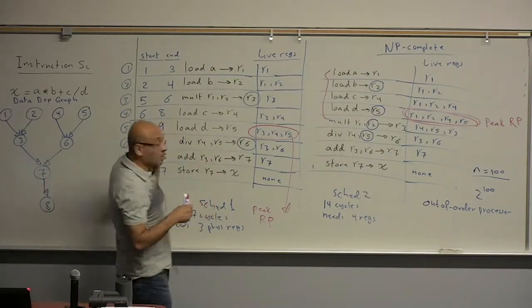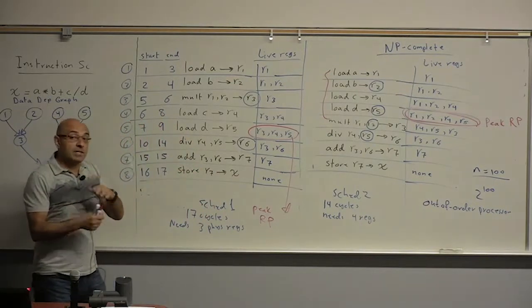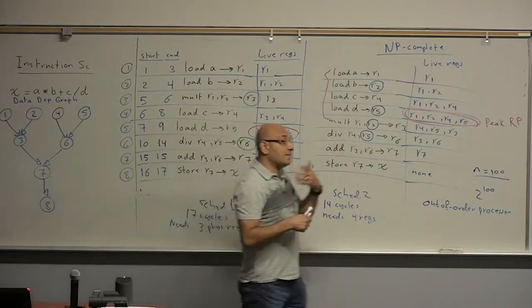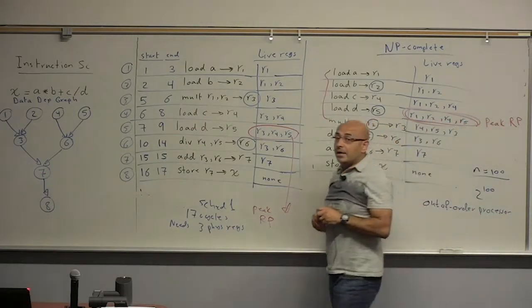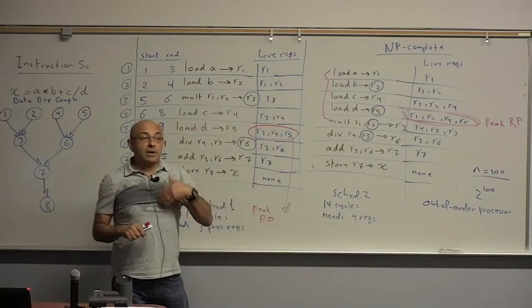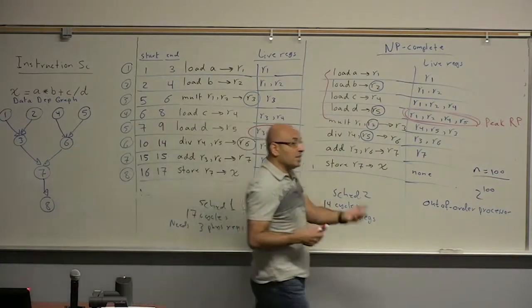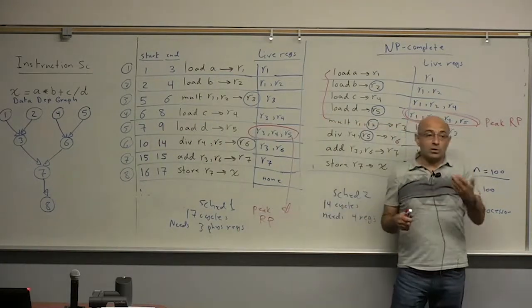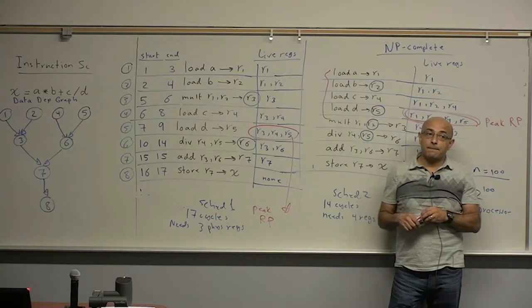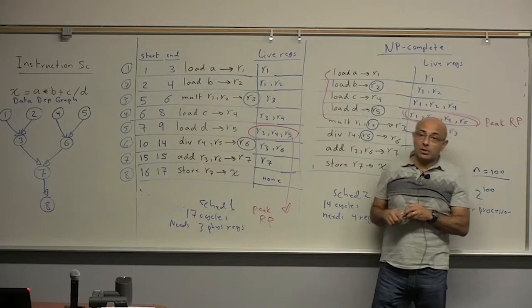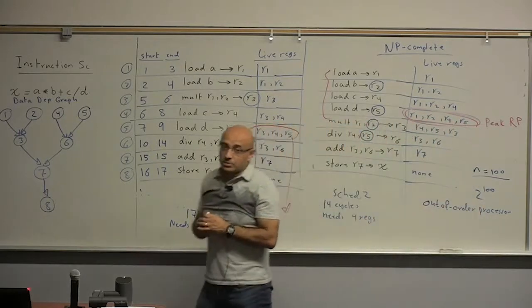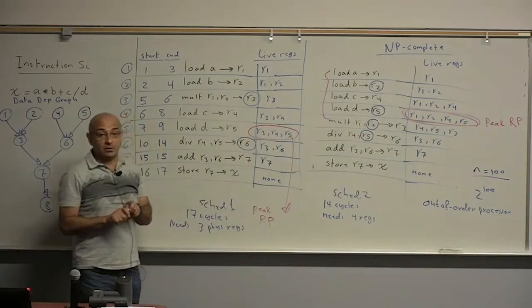You better focus on minimizing the number of registers because, as we have seen in the register allocation lecture, last lecture, if you need more registers than what the machine has, the register allocator is going to generate what? Stores and reloads. And we call those what? Spill code. So it's going to generate spill code.